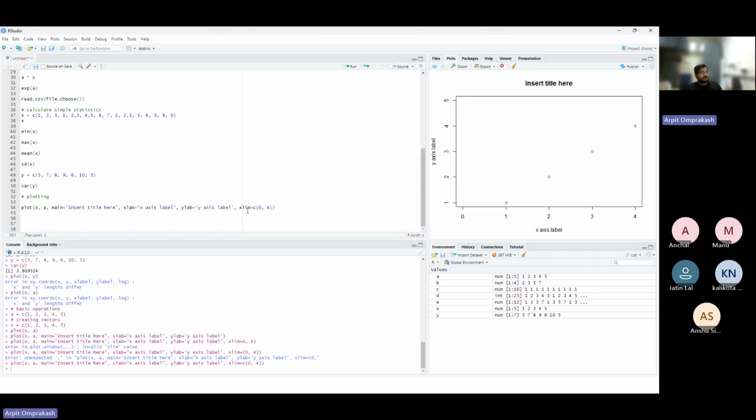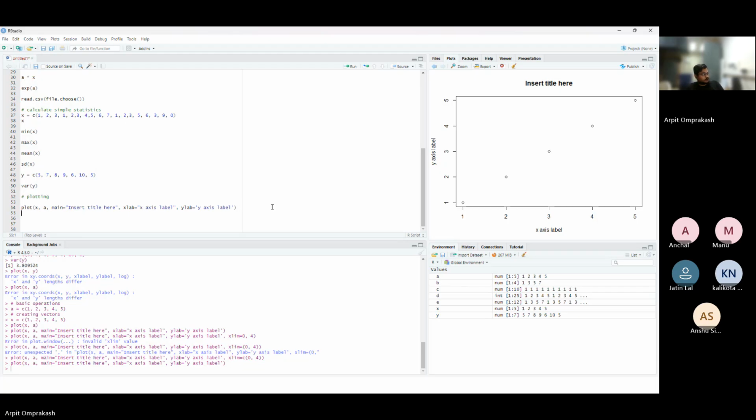No, you have to write this C because you're giving it a list of numbers. It's like slim takes a list of numbers. So if I remove this now, what we have is a plot like this, but if I add that, I'll make it 3 to make it more dramatic.